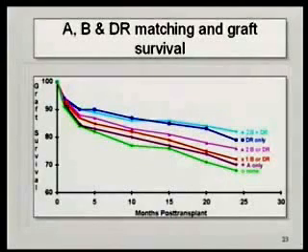However, ideally one should have a DR and a B locus match, or better than that is a DR match with one haplo identity. Okay?